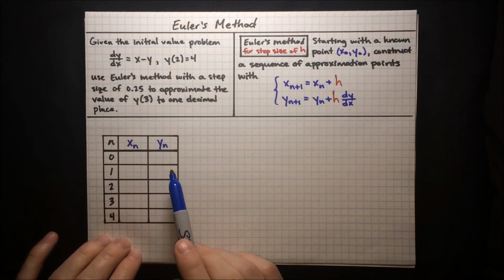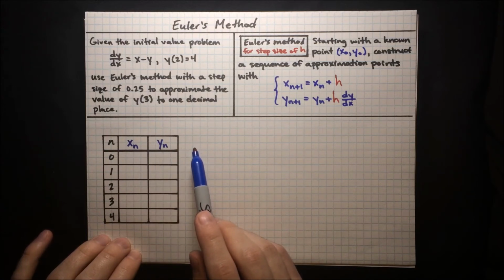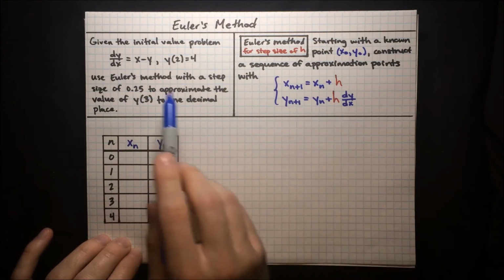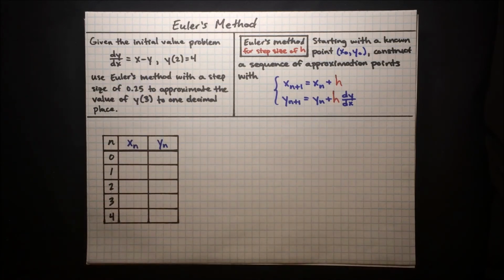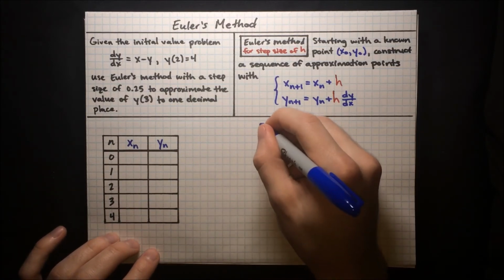So now instead of doing our table with x and y and dy/dx, let's go ahead and compute the equations off the bat with the derivative substituted in, just so we have less work to do. So to start out, we'll just write our equations down here.